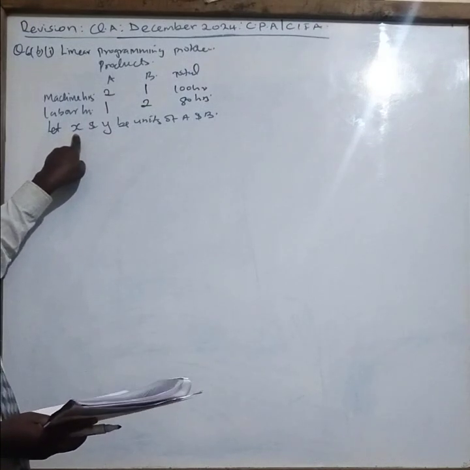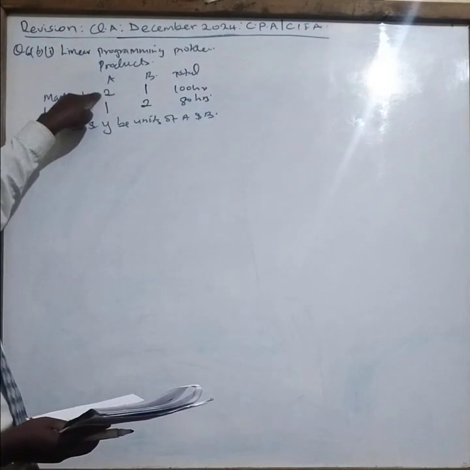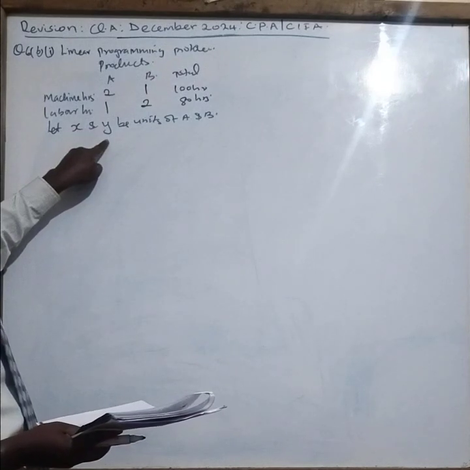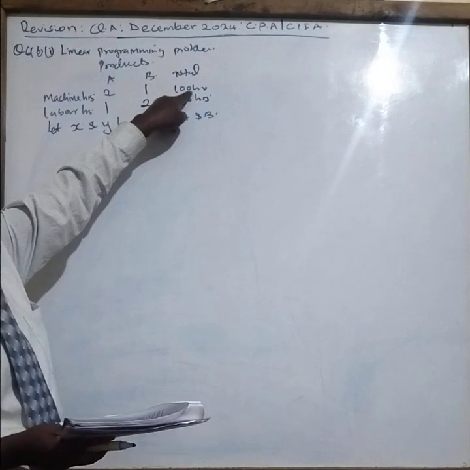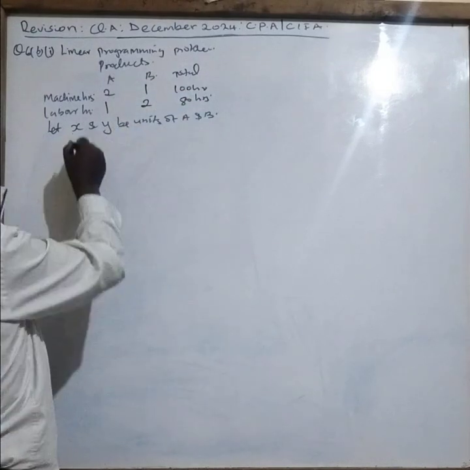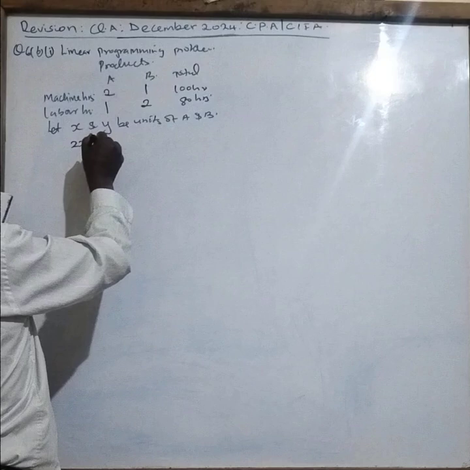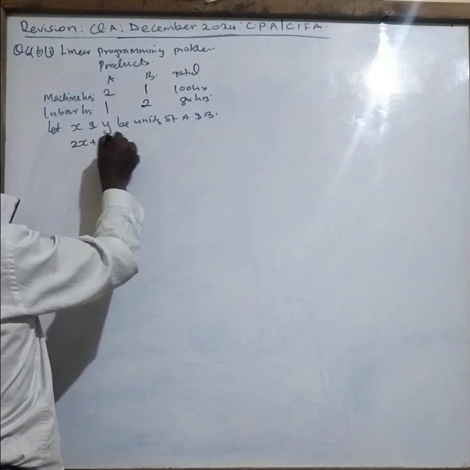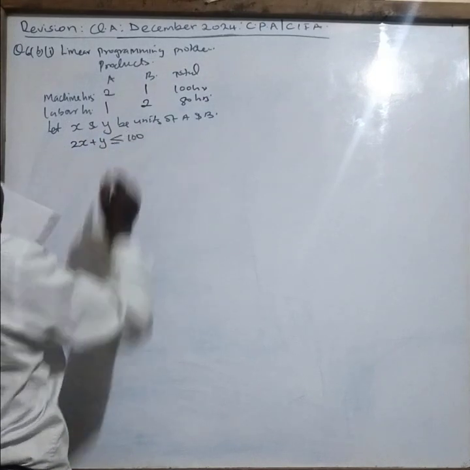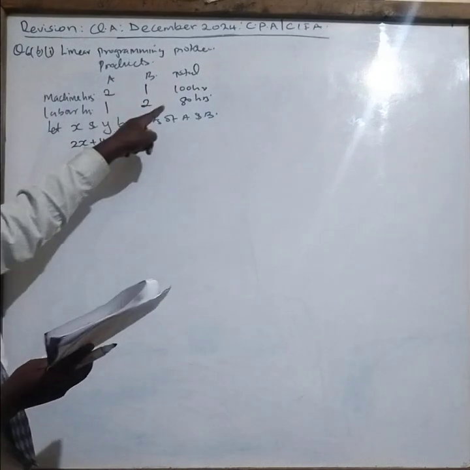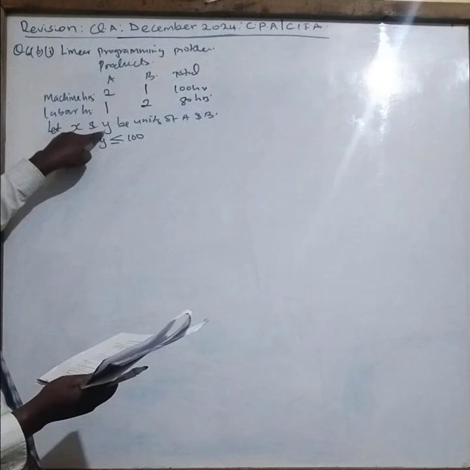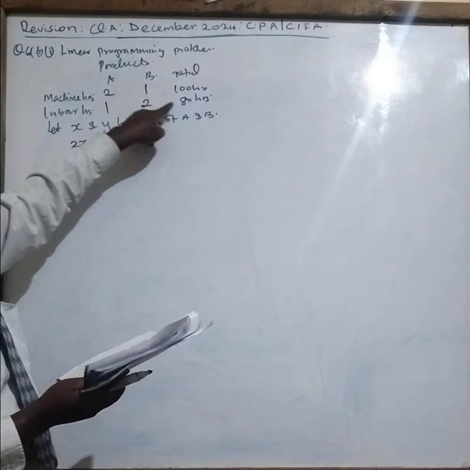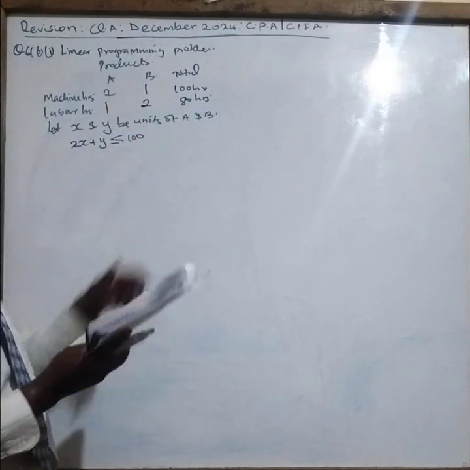So that now, X units times 2 hours plus Y units times 1 hour is equal to or less than 100. So that one is now 2x + y ≤ 100. For labor hours, x units times 1 plus y units times 2 is less than or equal to 80 hours.